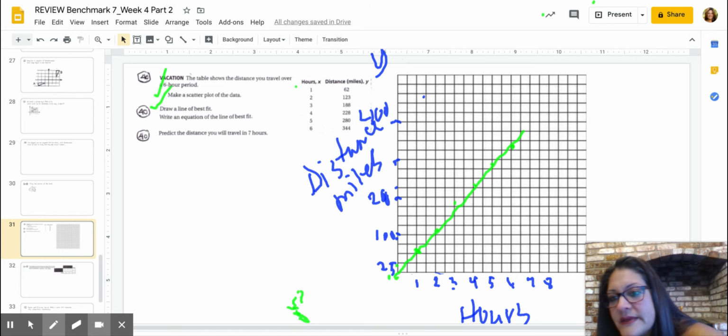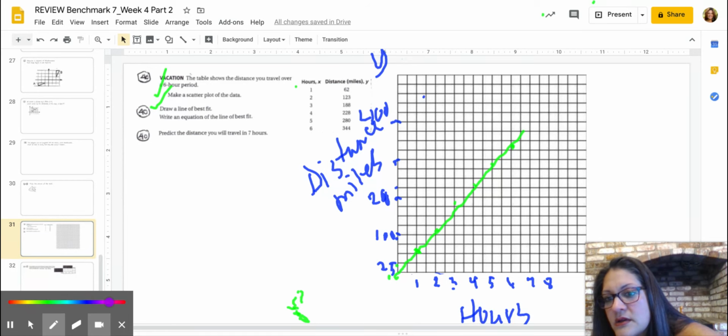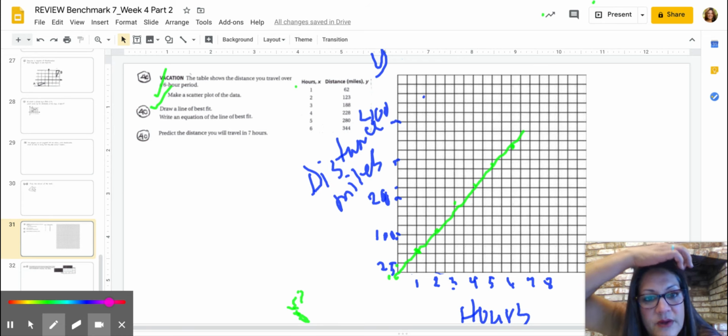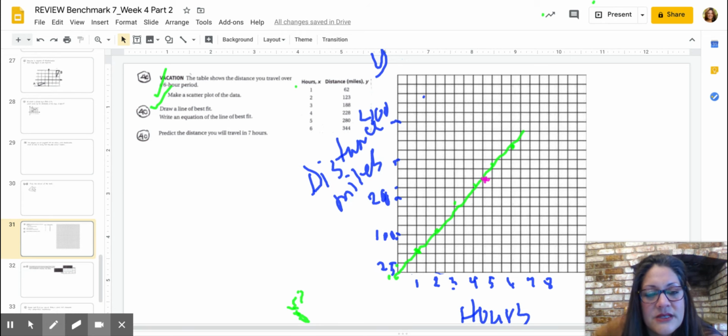I'm getting a new color because I want to find our slope. I'm trying to find where it goes pretty well, which I think 4.5 right here is the point that I want to use, even though it's kind of funny.